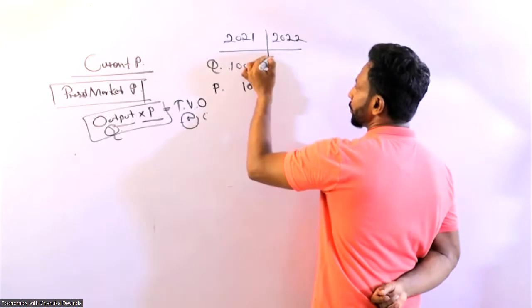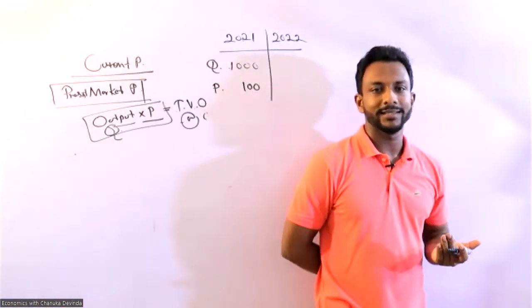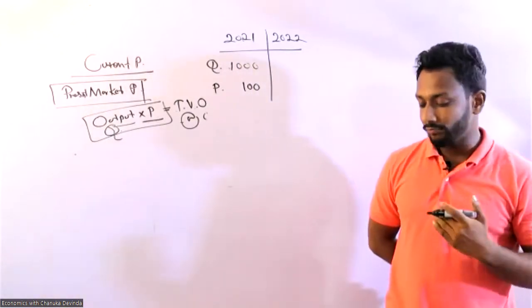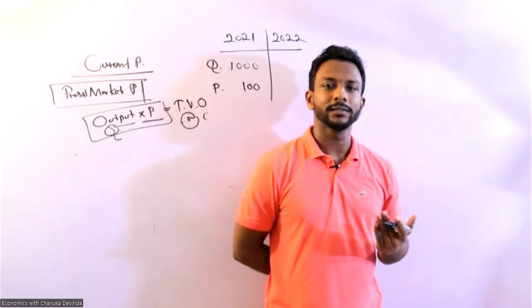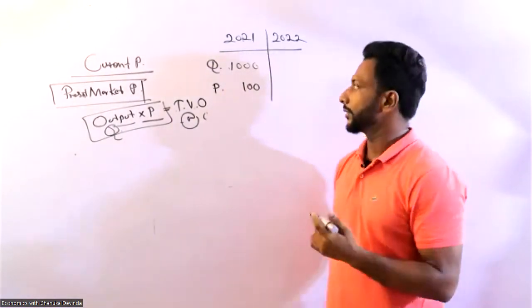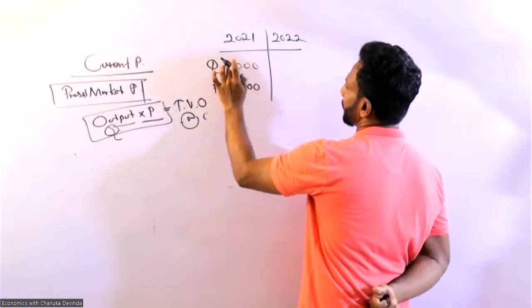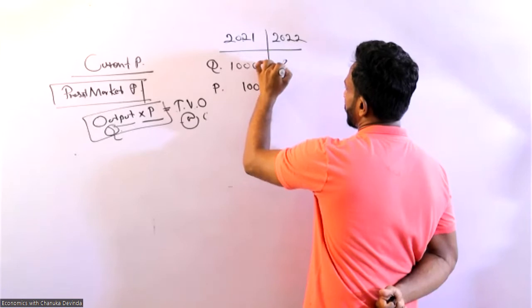And in 2022, with COVID-19 and all the other economic crises and the mistakes done by the political parties and government in Sri Lanka, the output has been reduced to, let's say, 800.